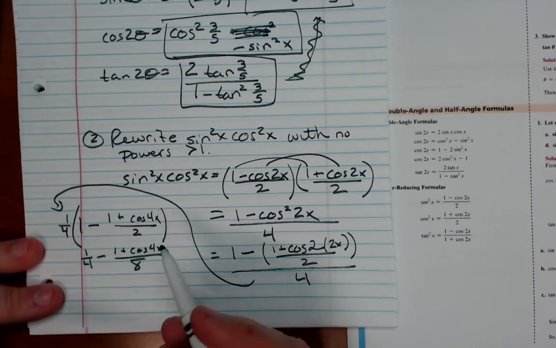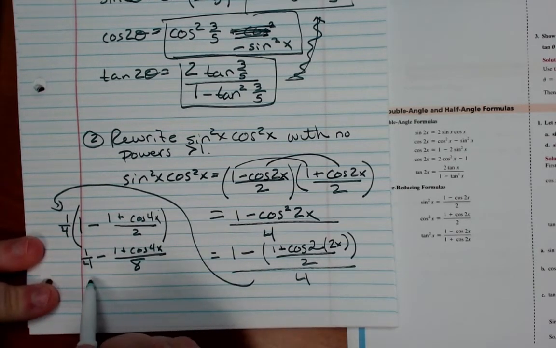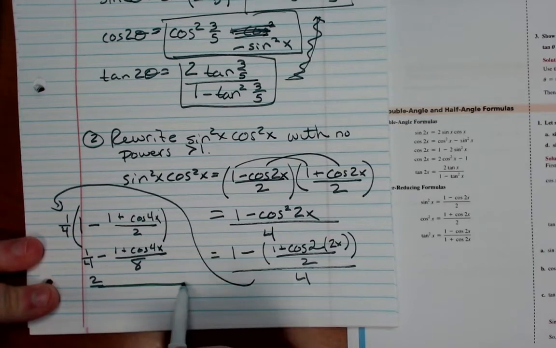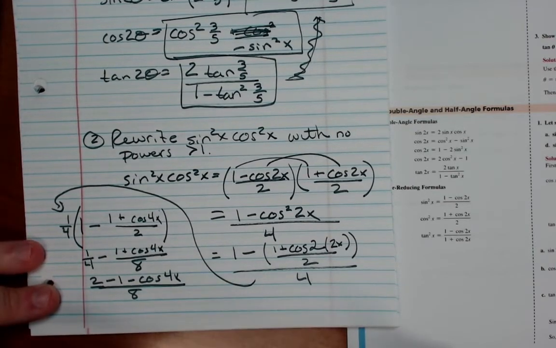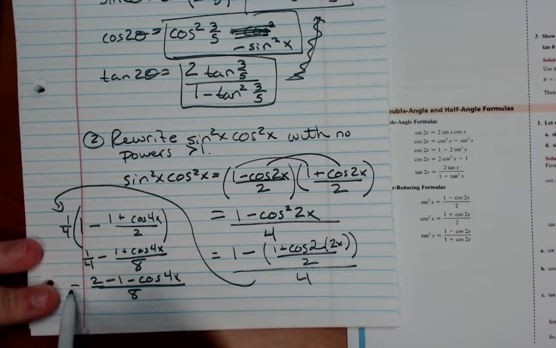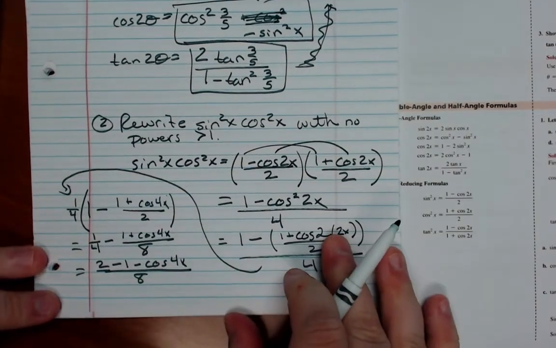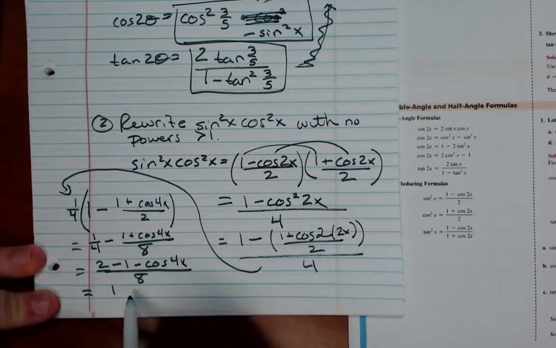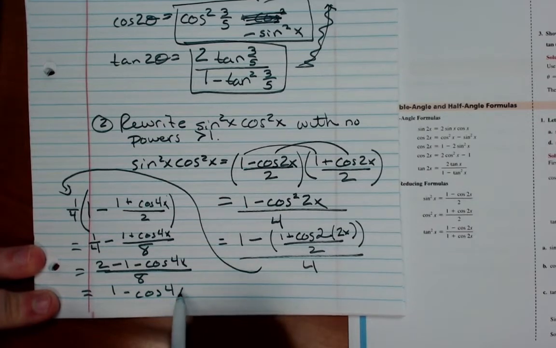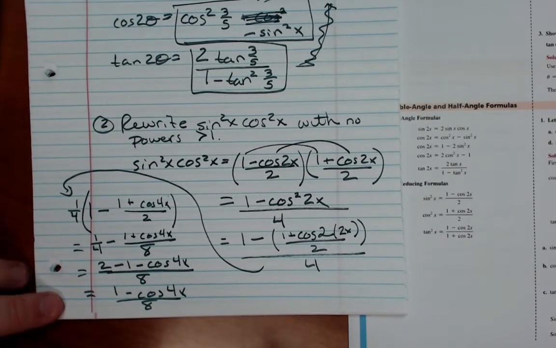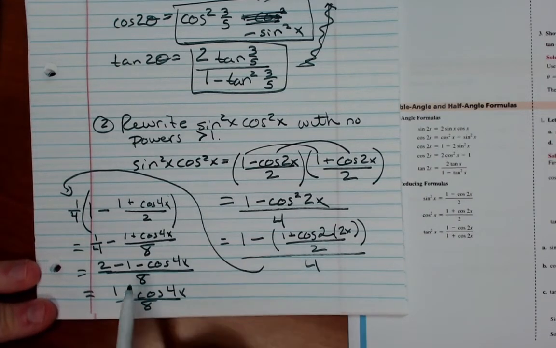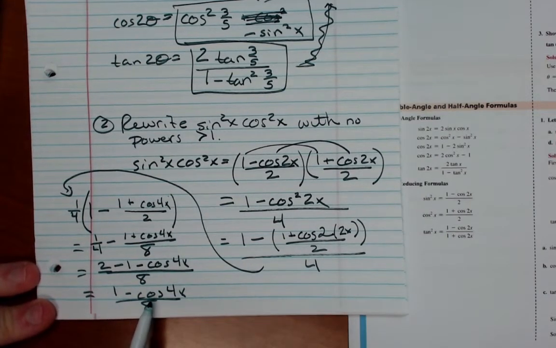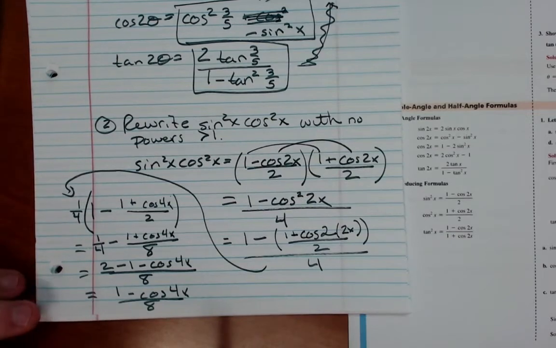And get a common denominator here. So we have 2 minus 1 minus cos 4x over 8. 2 minus 1 is 1 minus cos 4x over 8. So sine squared x cosine squared x is equal to 1 minus cos 4x over 8.